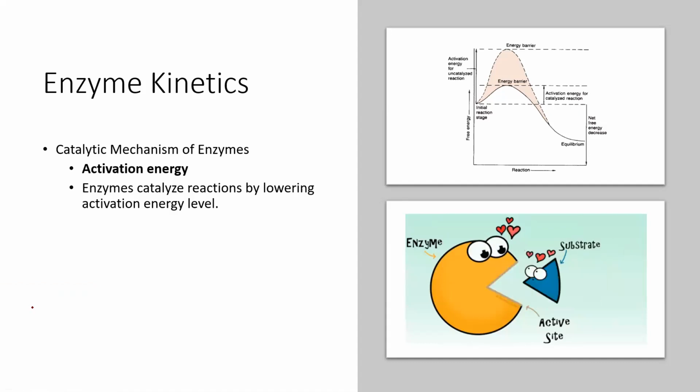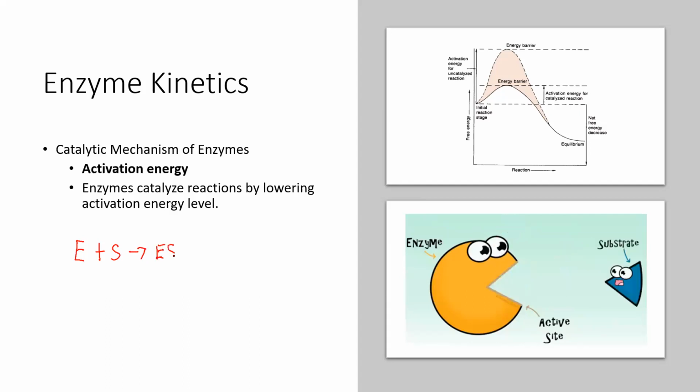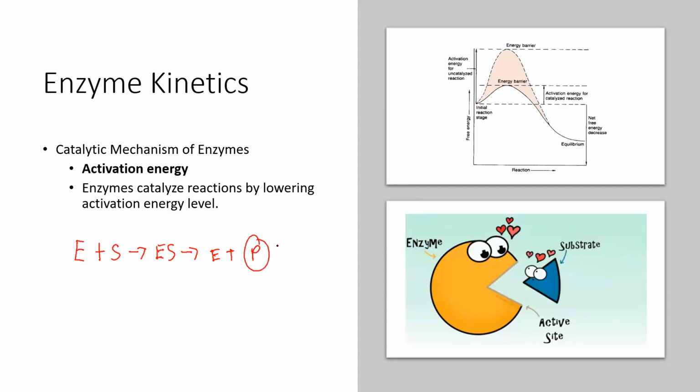So again, if we are going to describe the relationship, it's basically E, which stands for enzyme, plus S, which stands for substrate, will give us what we call ES, no? And this is what we call the enzyme-substrate complex. And this will give you enzyme plus P. P pertains to product.